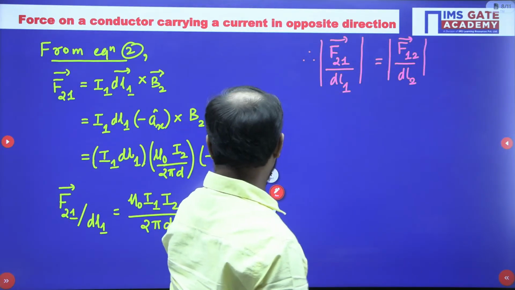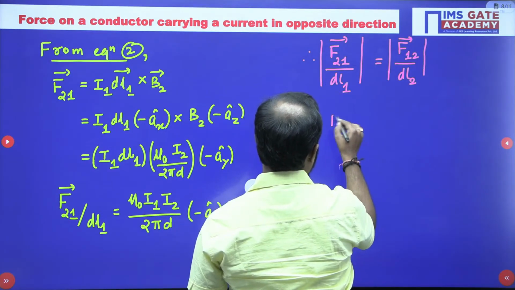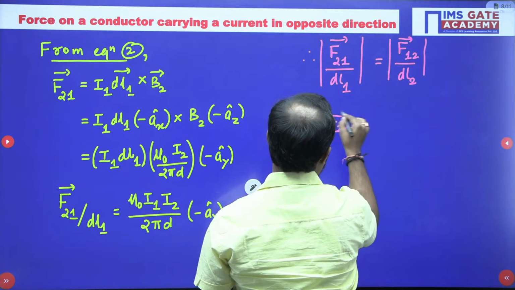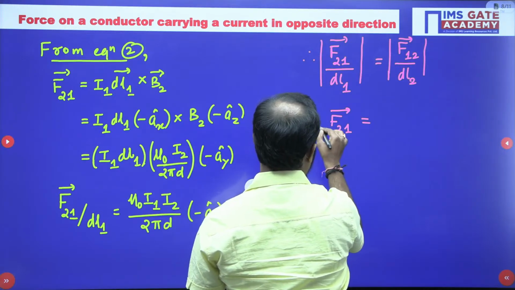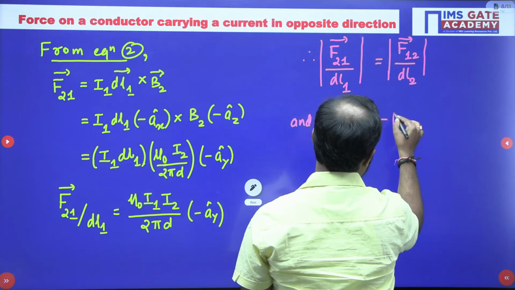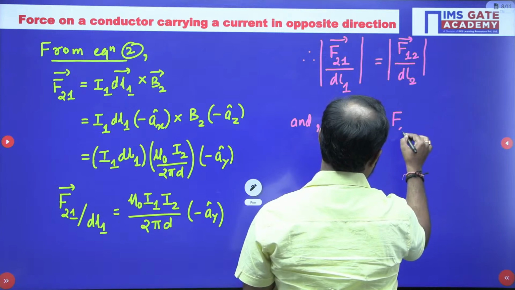But what about the direction? The force direction F21 is opposite, minus F12.